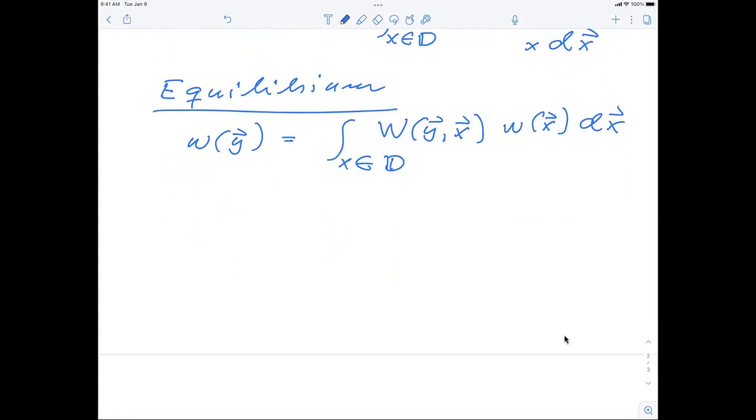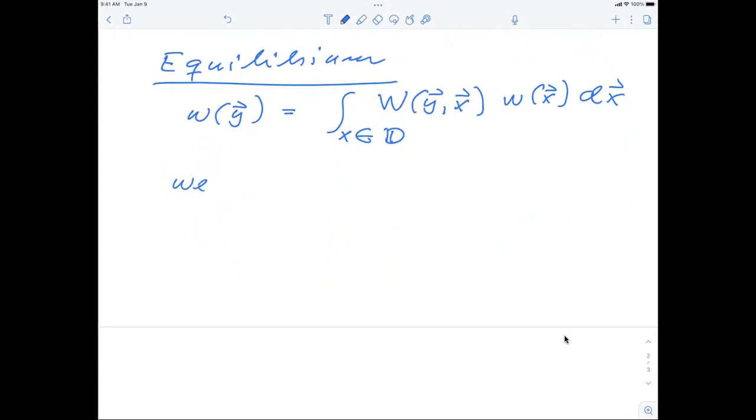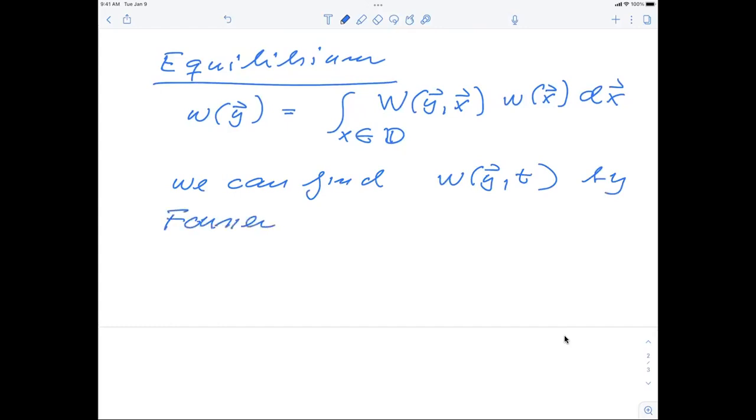Just a reminder that this is the way it's going to look, but we can actually find this Wi, if we're not looking at the equilibrium situation and we want to link this with the diffusion equation, by making a Fourier transform to momentum space. Normally what we call K-space, or momentum space.